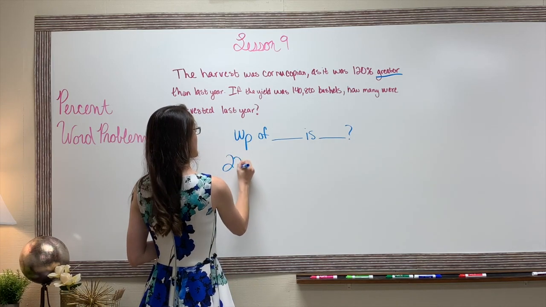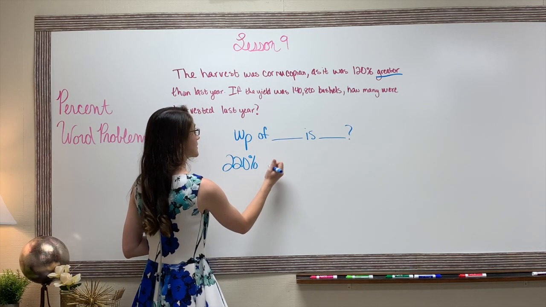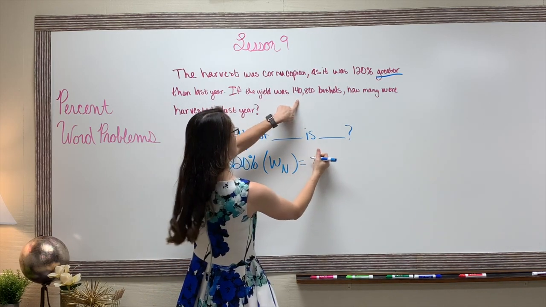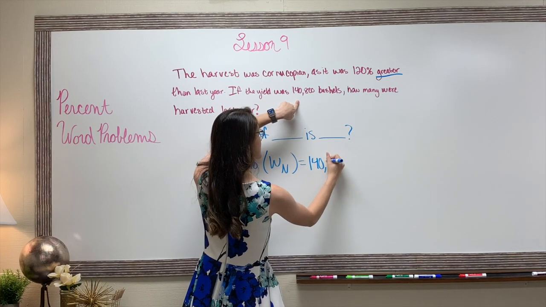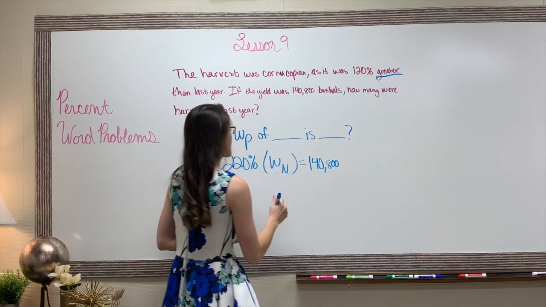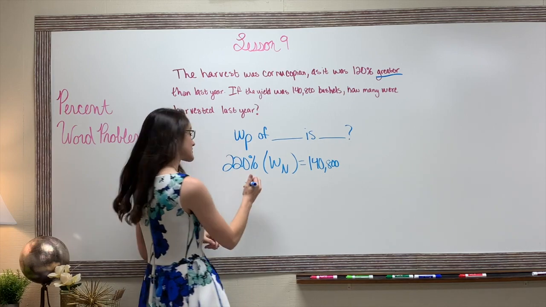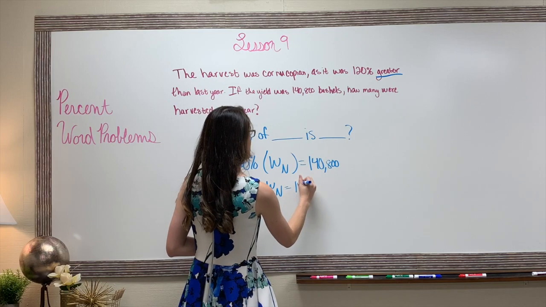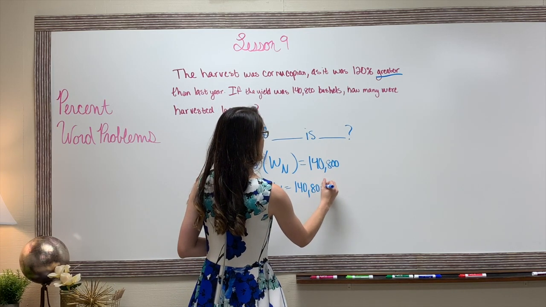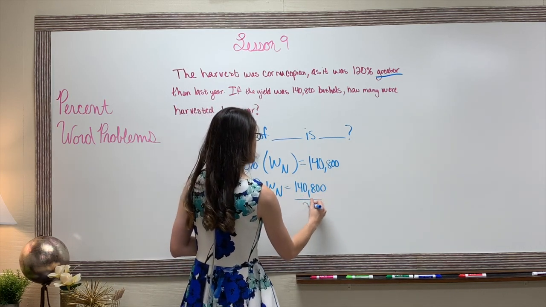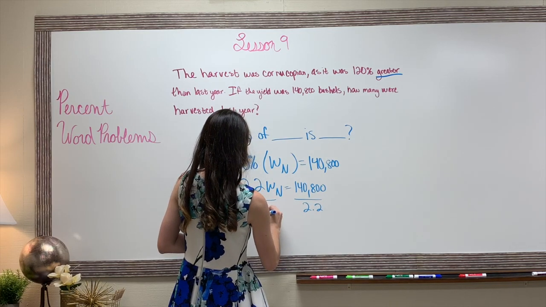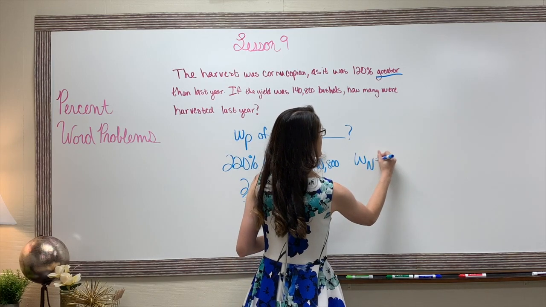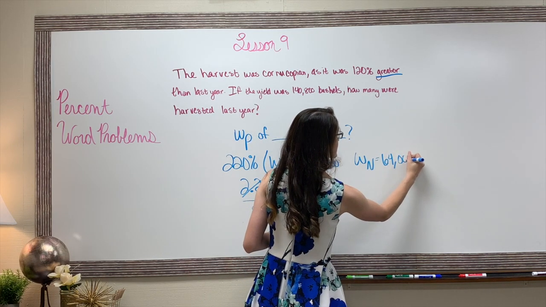So we're going to say 220% of what number equals, and then we know that we got 140,800. And then from here, we have to turn this into a decimal, so 2.2 times what number equals 140,800. And then we're just going to divide both sides by 2.2. And in your calculator, you will see that what number equals 64,000.